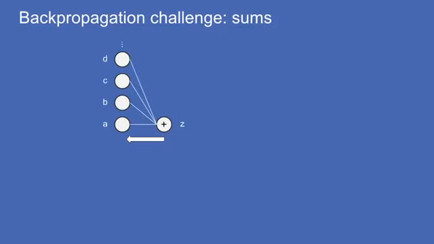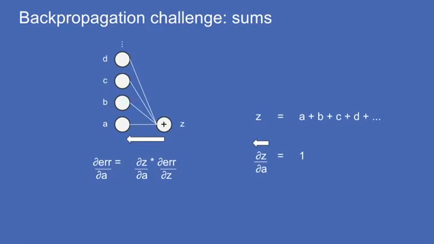Another element that we've seen is sums. All of our neurons sum up a lot of inputs. To take this backpropagation step, we do the same thing. We write our expression, and then we take the derivative of our endpoint, z, with respect to our step that we're propagating to, A, and dz dA in this case is just 1, which makes sense.